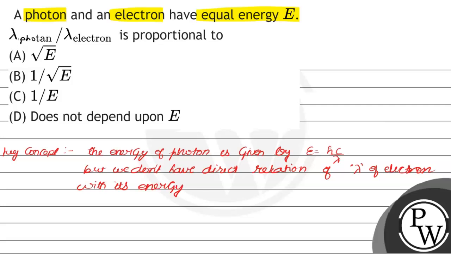For that we will use de Broglie wavelength expression for electron.